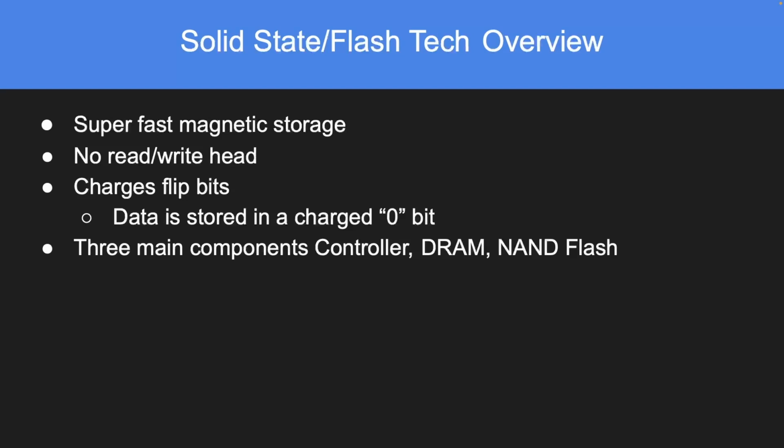This is because it uses a NAND flash, and dynamic RAM uses some sort of NAND gate. And this NAND gate, instead of having a 1 as the charged bit, uses a 0 as a charged bit. So when data is actually stored, it will be stored in this 0 bit.